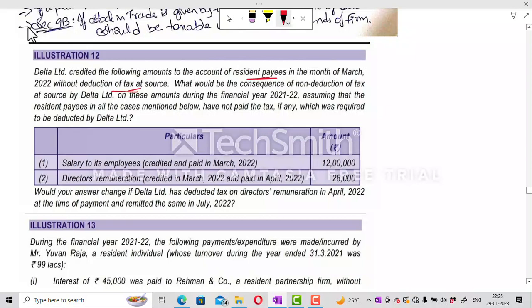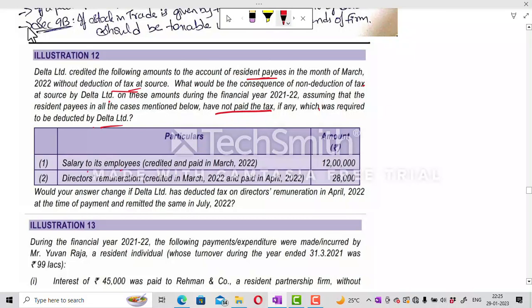What would be the consequence of non-deduction of tax at source by Delta Limited on these amounts during the financial year 21-22? Assuming that resident payees in all cases mentioned below have not paid the tax which is required to be deducted by Delta Limited.